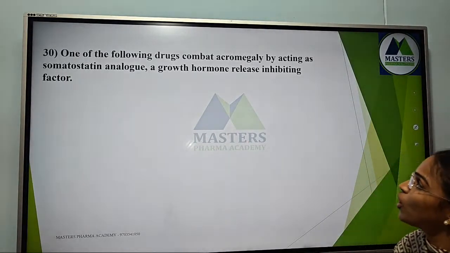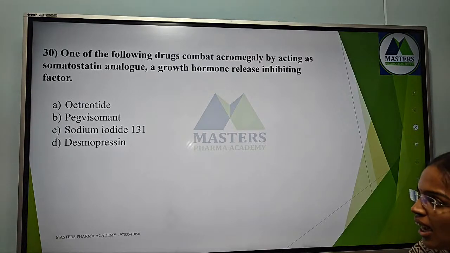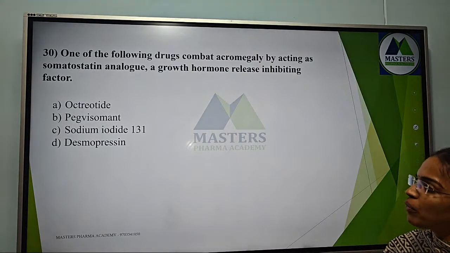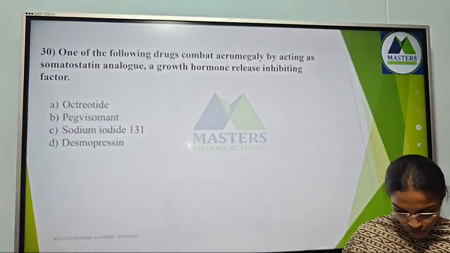Which of the following drugs combats acromegaly by acting as a somatostatin analog, a growth hormone release inhibiting factor? Options are octreotide, pegvisomant, sodium iodide 131 and desmopressin.